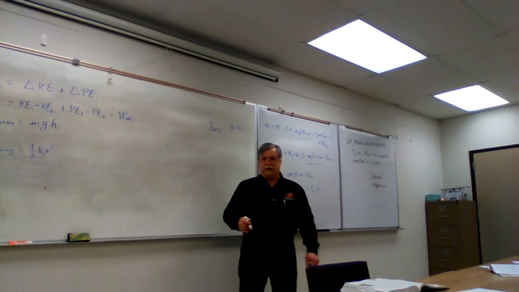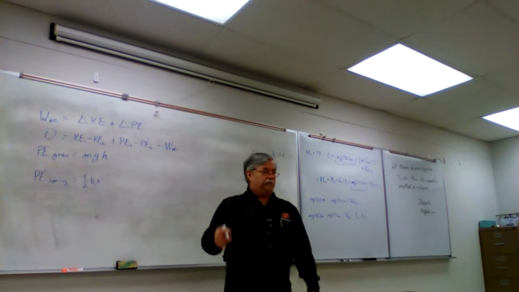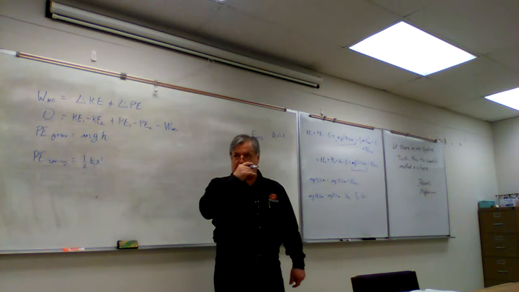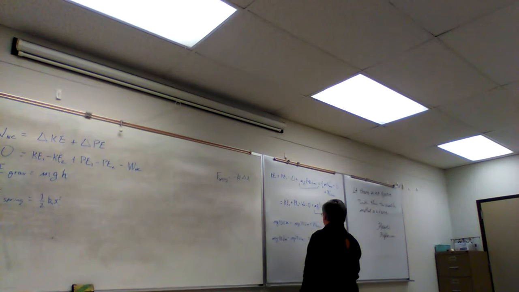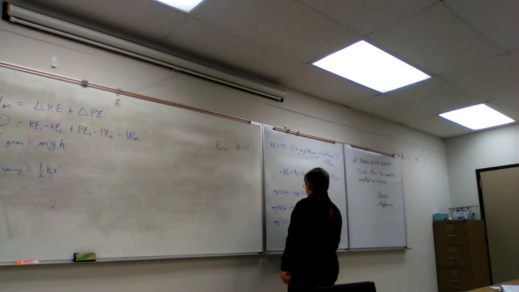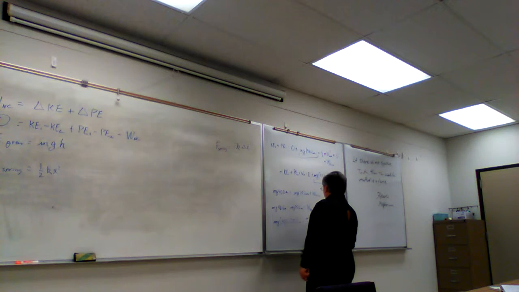In the problem, they tell us that the car travels 400 meters along that roller coaster track before it comes to a stop at the 25-meter height. So, now we can write mg times (40 minus 25) meters is equal to the force due to friction times 400 meters.